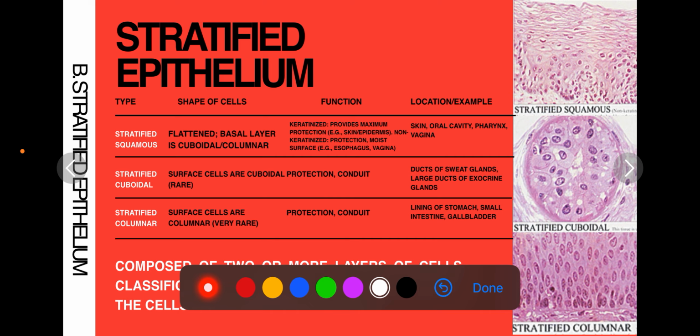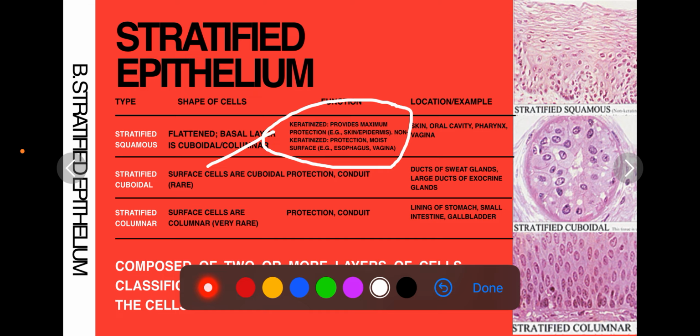There is something mysterious about this. There are two types of stratified squamous epithelium. One of them is called keratinized, and the other one is called non-keratinized. Here it is, non-keratinized. So they could be keratinized or non-keratinized. The keratinized stratified squamous epithelium provides maximum protection.